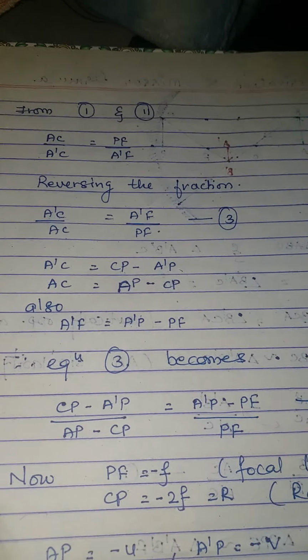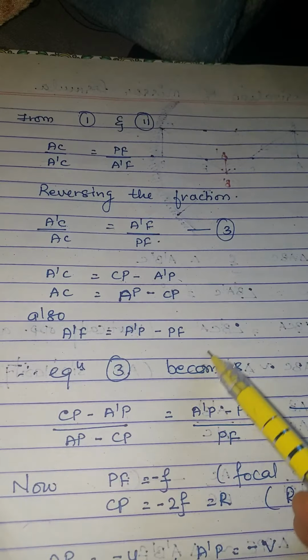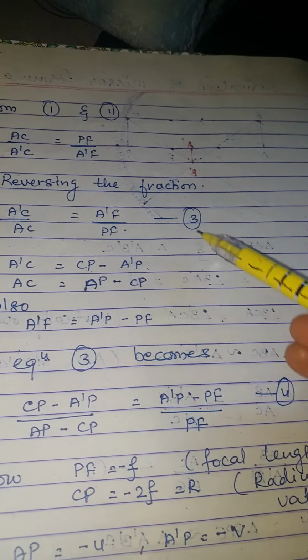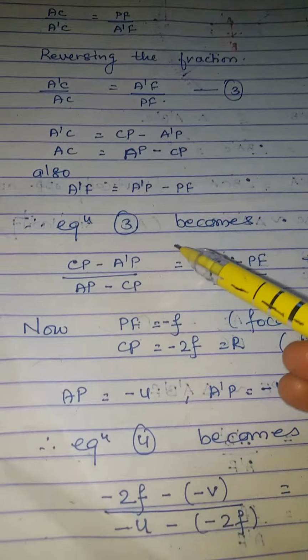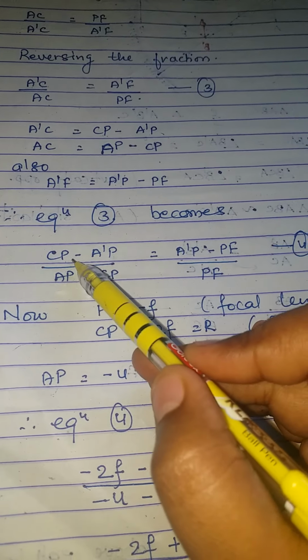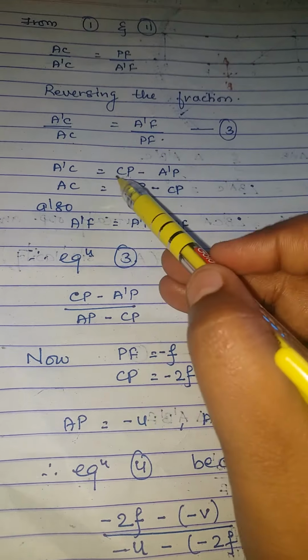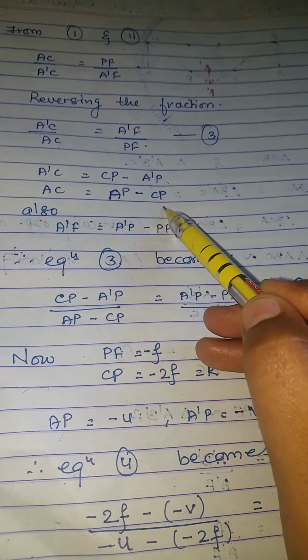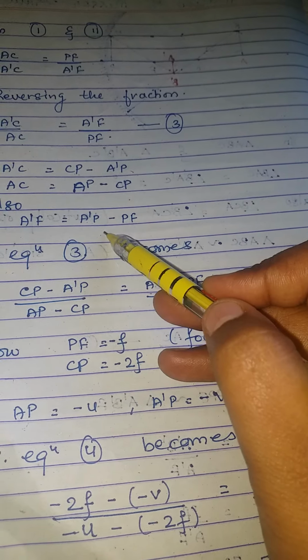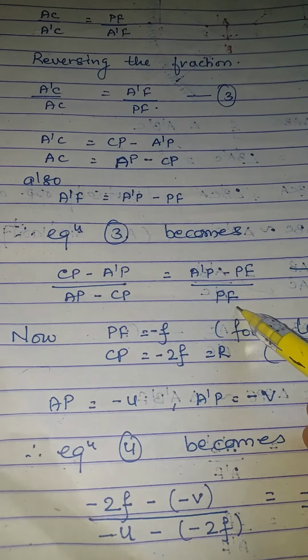Now what I will do, I will put these values in equation number 3, and equation number 3 will become CP minus A'P upon AP minus CP is equal to A'P minus PF upon PF.